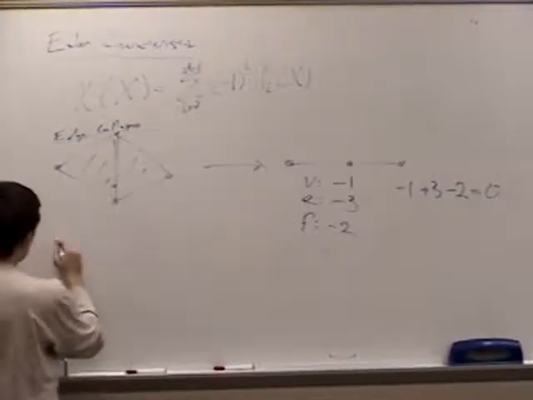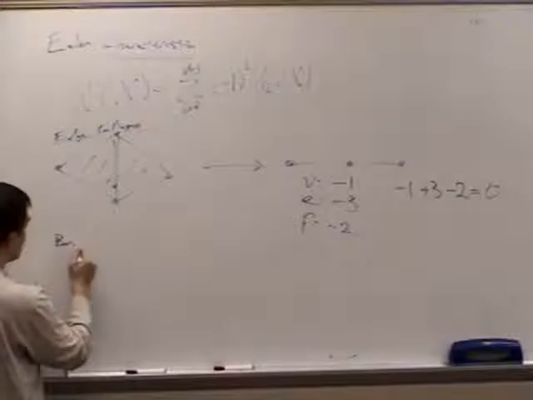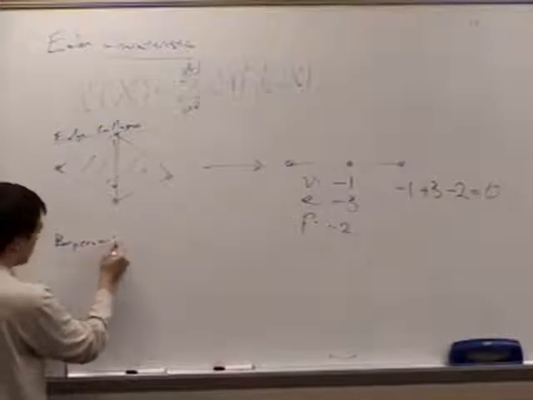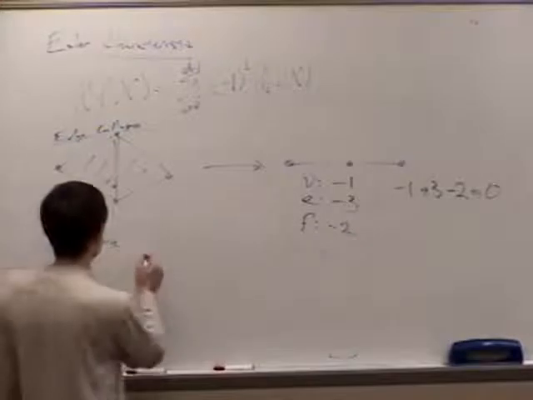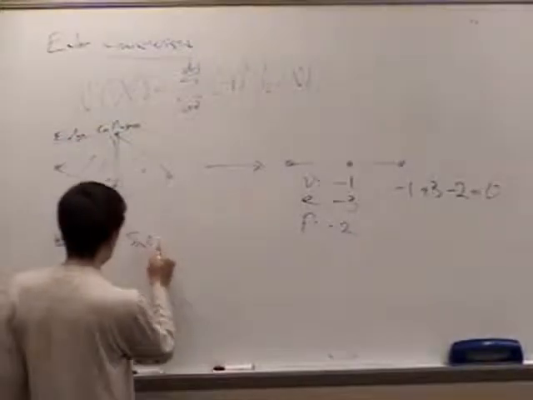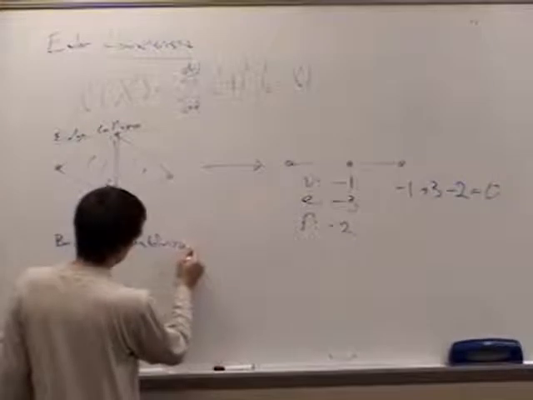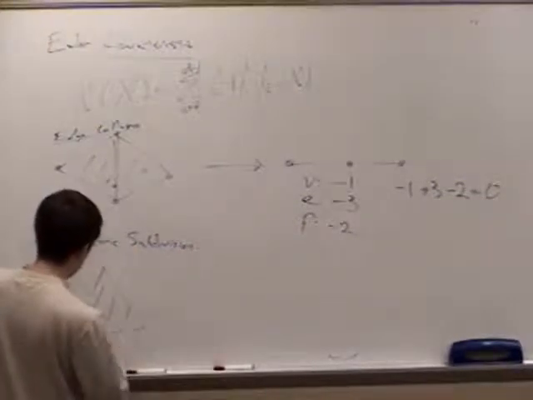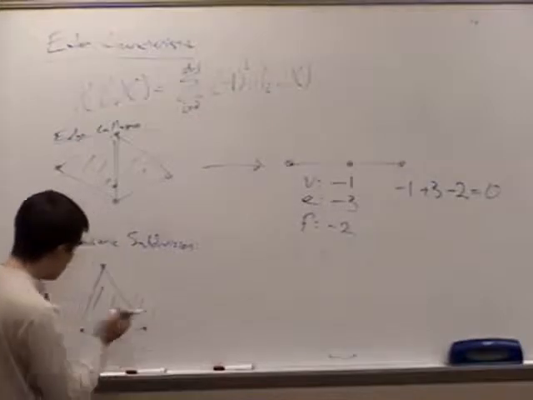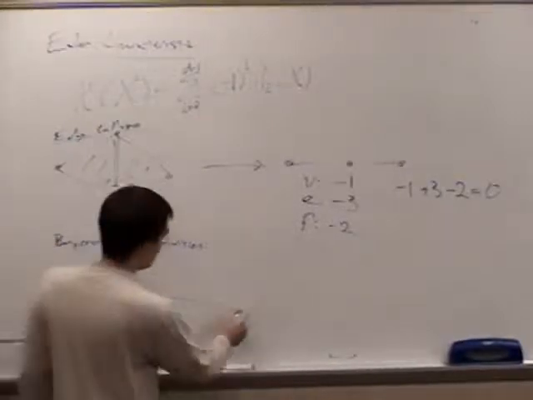Another related operation is called barycentric subdivision, which is where we just stick a vertex right in the middle of a face. So here'd be the picture. I start with some face, and I just stick a vertex right in the middle of it.